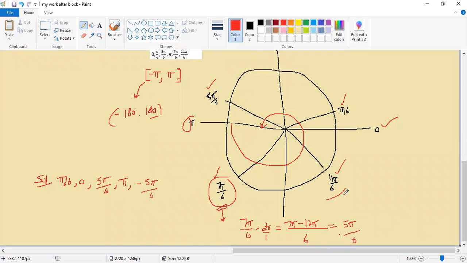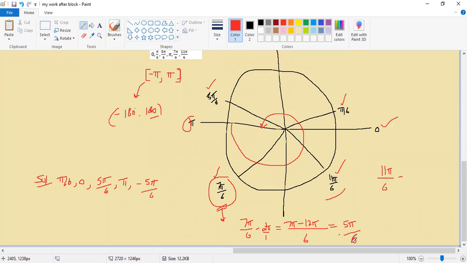The same thing can be said for 11 pi over 6, which is 330 degrees, which is outside the range of our interval. And if we take off one set of 2 pi, then perhaps that falls between our interval.